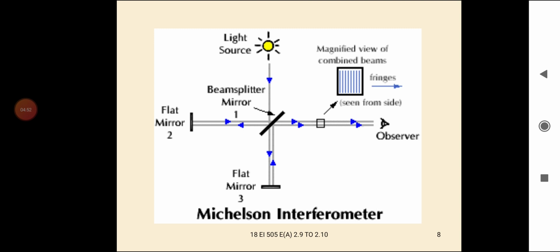They are in phase and will produce interference fringes. The interference fringes can be observed by an observing view, a magnified view of the combined beam that shows fringes of interference.